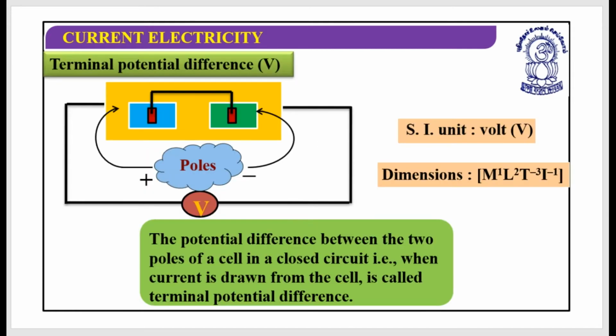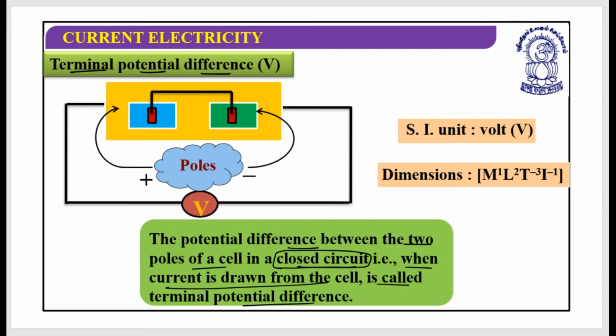And the second term is the terminal potential difference. Now what is the terminal potential difference? It is the potential difference between the two poles of a cell in a closed circuit. When I say closed circuit, I mean when current is drawn from the cell, it is called the terminal potential difference.